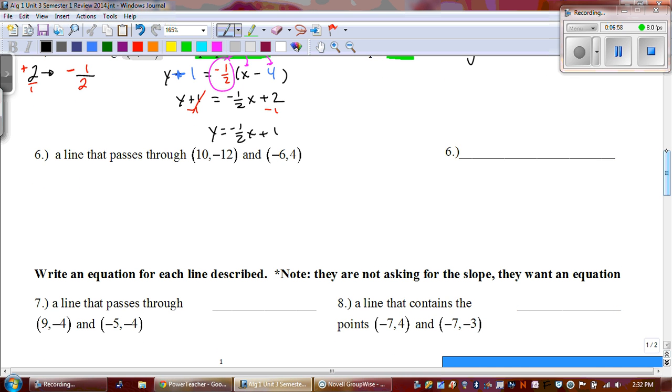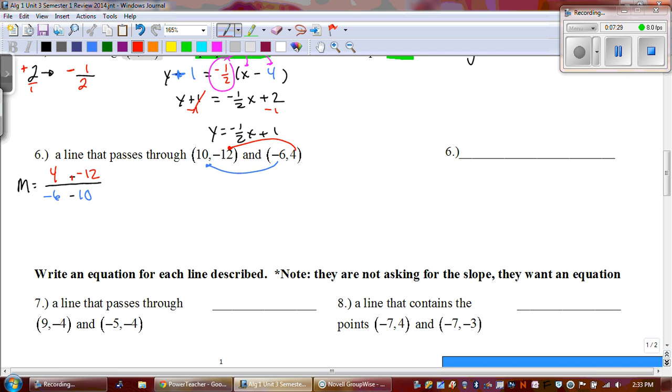Okay, number 6. A line that passes through (10, -12) and (-6, 4). Well, all they did was give me 2 points. I need a slope. You do need a slope. And that's why we're going to use the slope formula, okay? Remember, your y's go on the top, so 4 minus negative 12, and your x's go on the bottom, negative 6 minus 10.